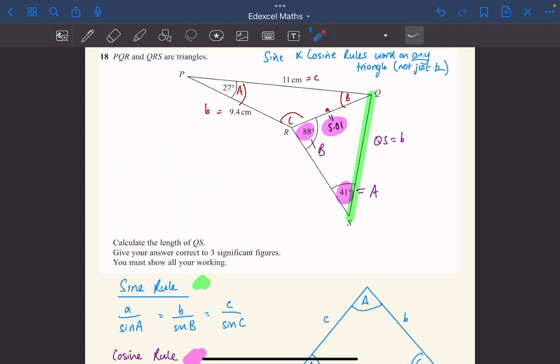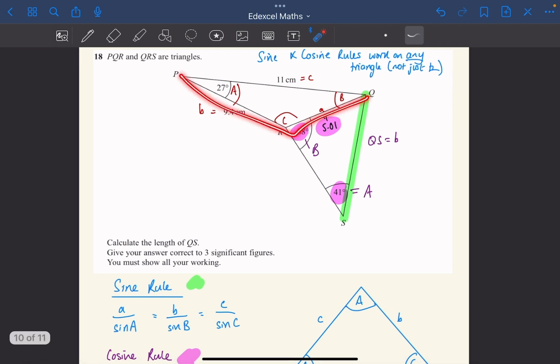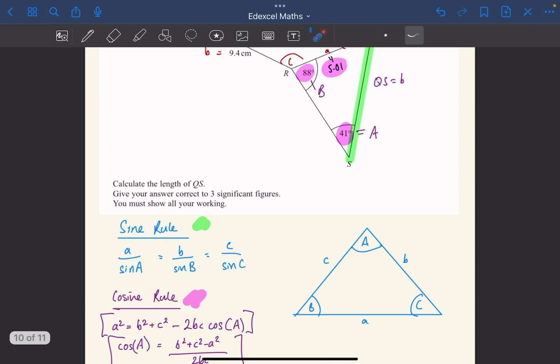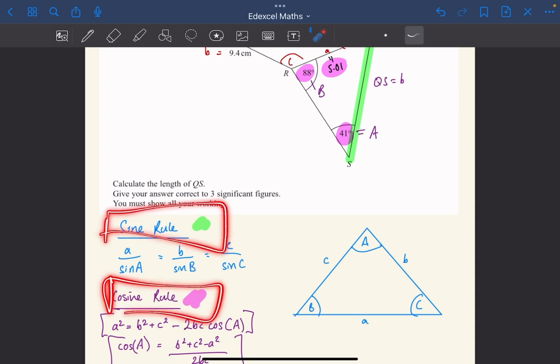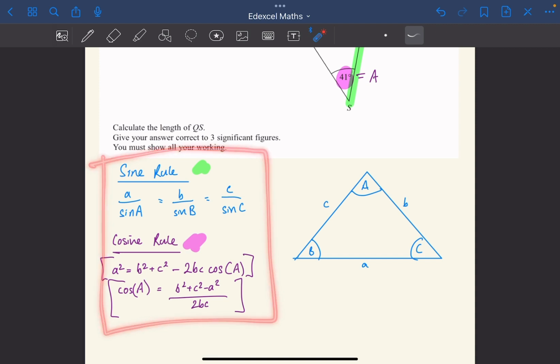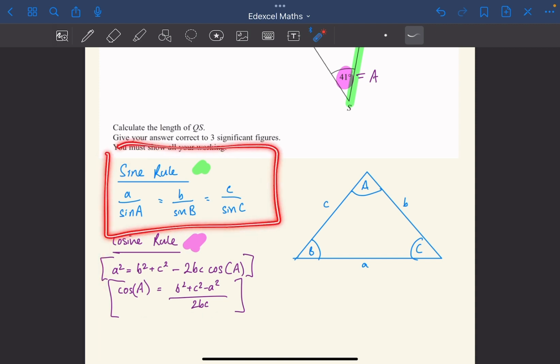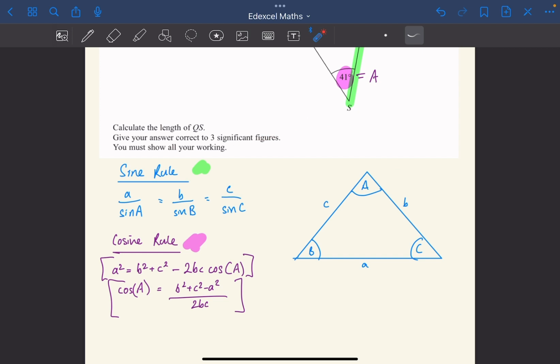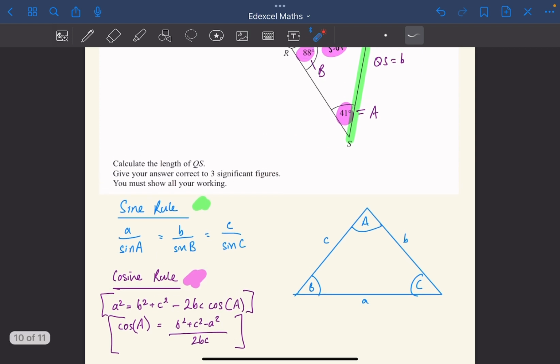So we have just regular triangles, and the only way to find unknowns in a regular triangle is to use either sine rule or cosine rule. I suggest, if you're not comfortable with sine rule, cosine rule, in the exam, I know it'll take time, but you'll be more accurate in your answer. Write out the actual rule fully, and then write out the triangle that represents the rule. If you do this, you're very unlikely to go wrong.